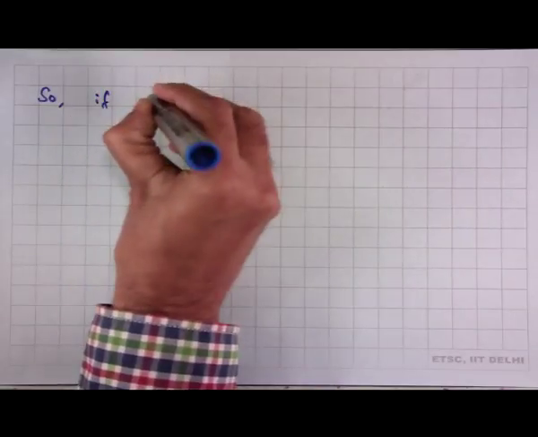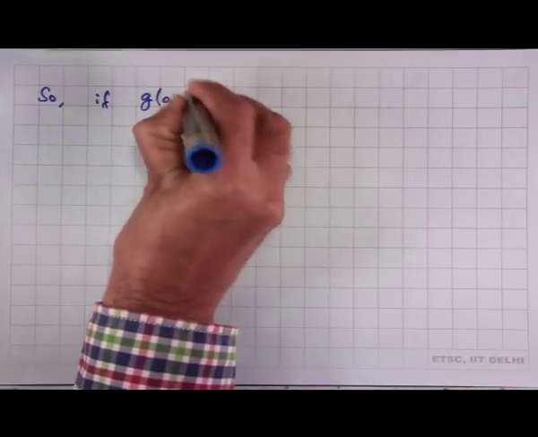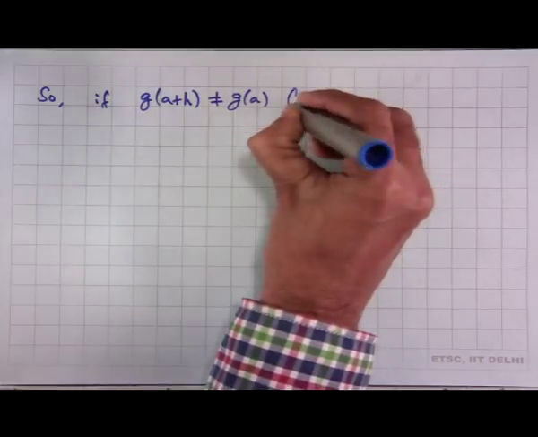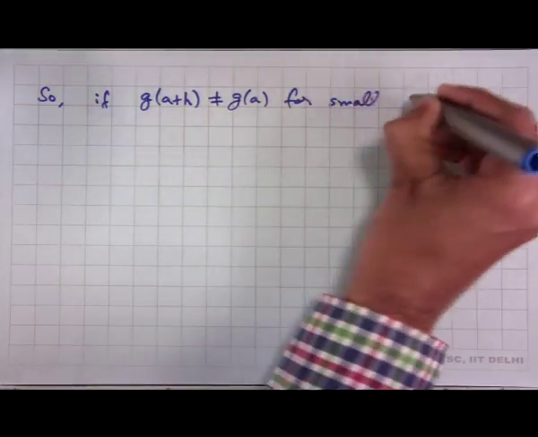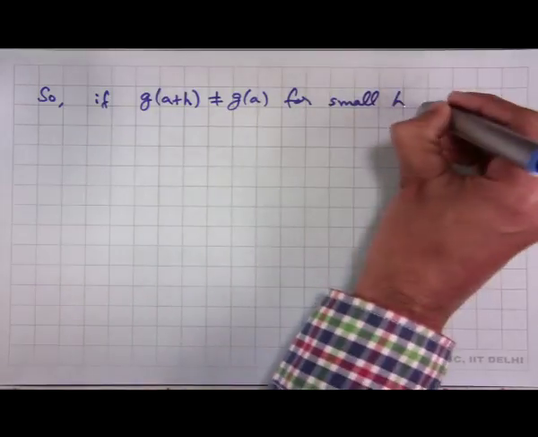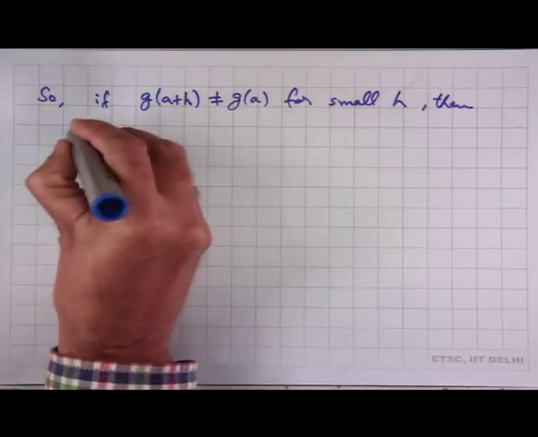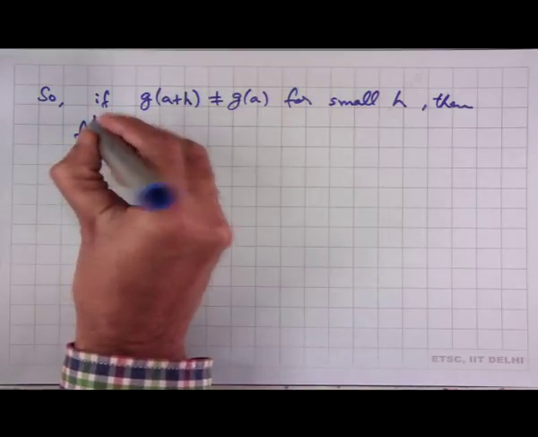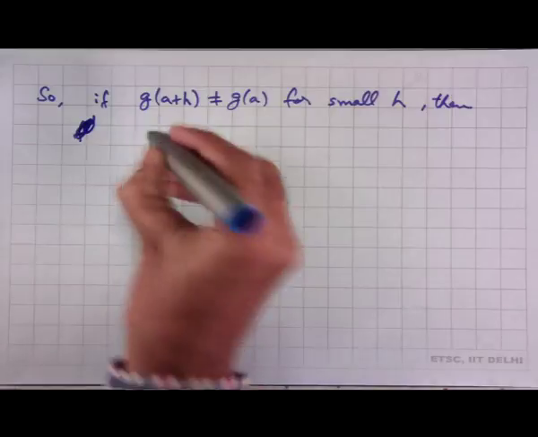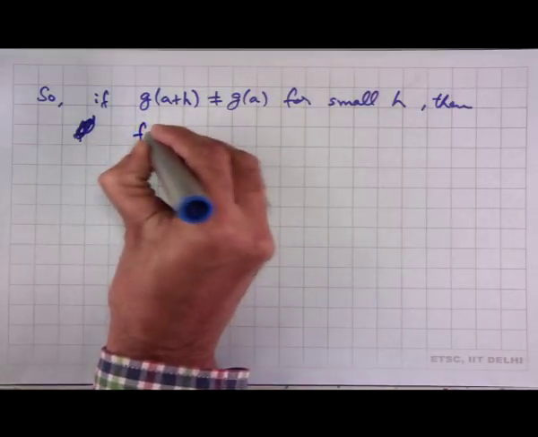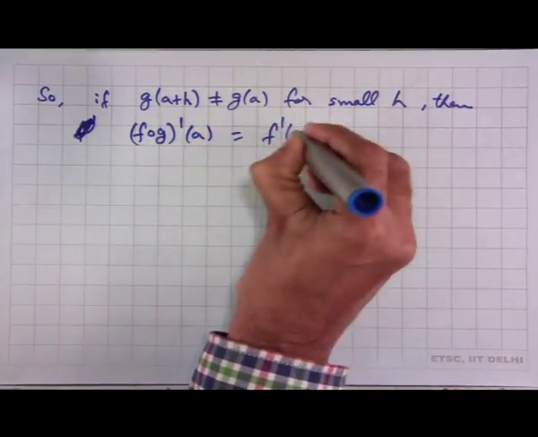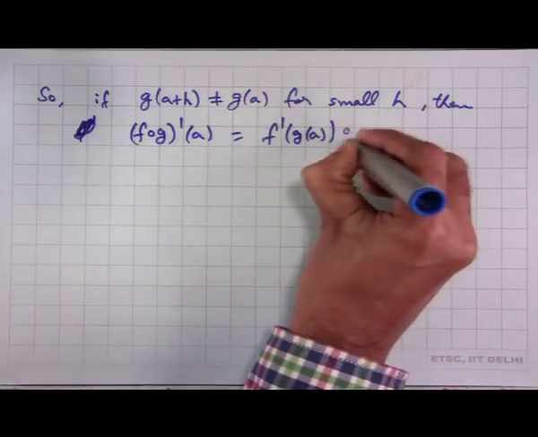So, we have got this formula. If g of a plus h is not equal to g of a for small h, then f compose g prime at a is equal to f prime of g of a times g prime of a.